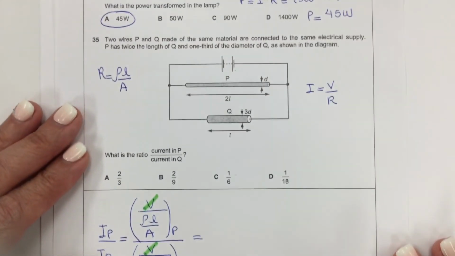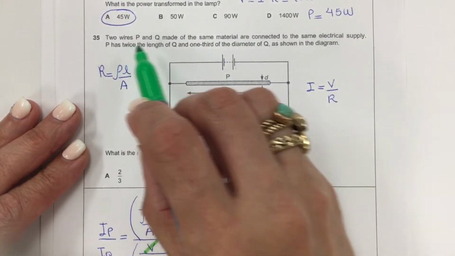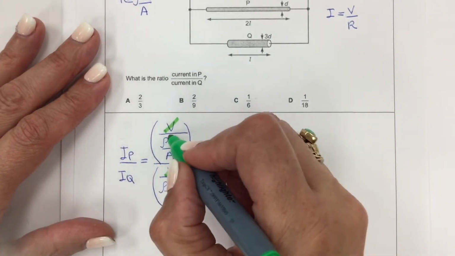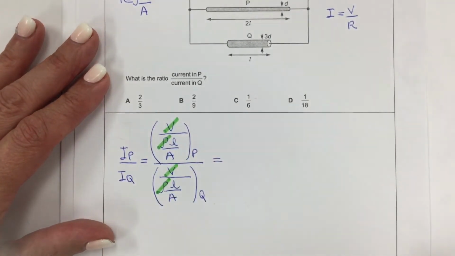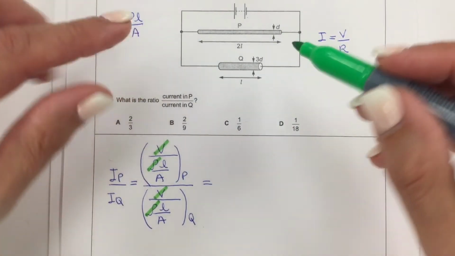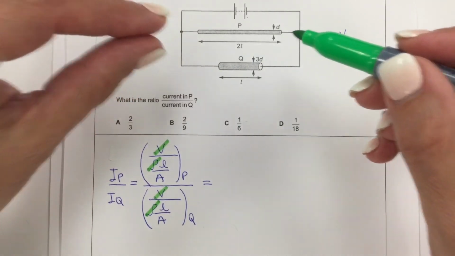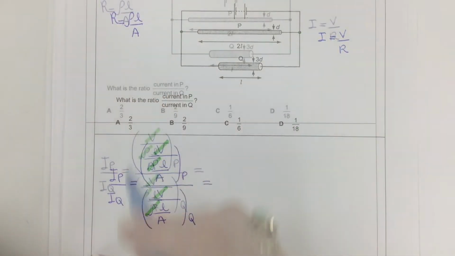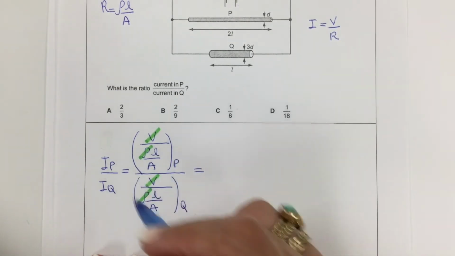Another piece of information, it says that both wires are made of the same material. So that means that resistivity is the same. The only variables that are changing here are the length and the cross-sectional area for each wire. So I will keep those values here. So I'm going to rewrite this ugly fraction here.